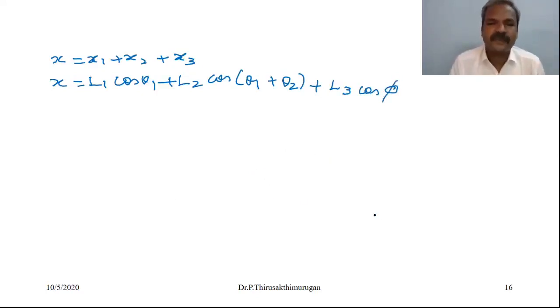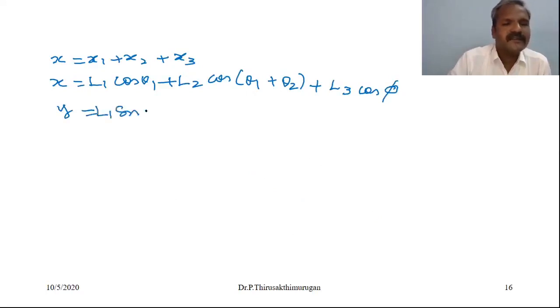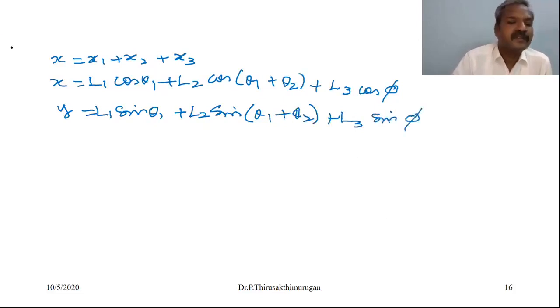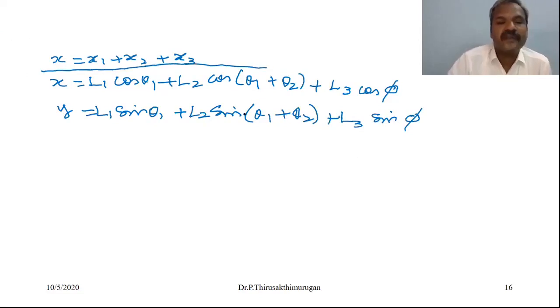Theta 1 plus theta 2 plus theta 3. Similarly, y equal to L1 sin theta 1 plus L2 sin theta 1 plus theta 2 plus L3 sin phi. So these two equations are called forward kinematic solution for 3 degree of freedom RR robo.